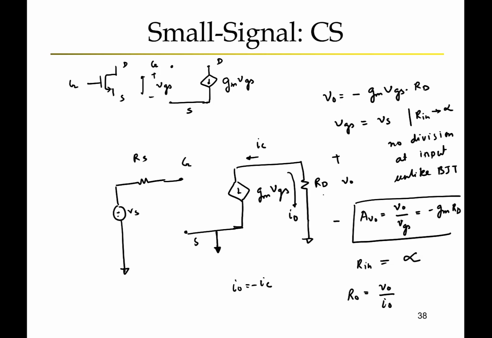So V out is basically I out times RD. So V out by I out is simply RD. So these three equations define the common source amplifier.